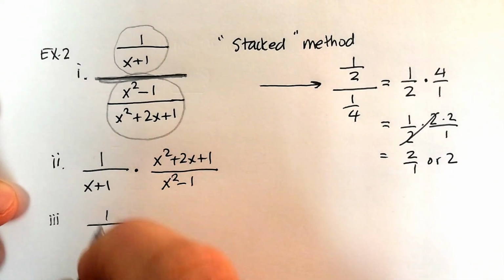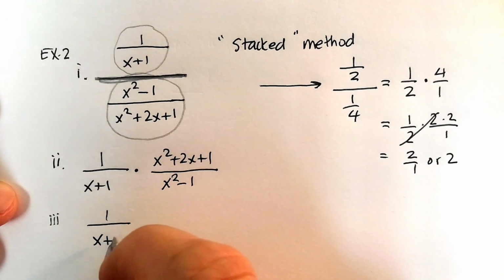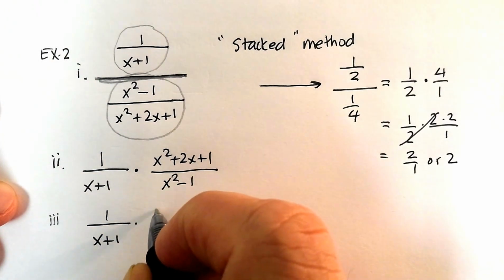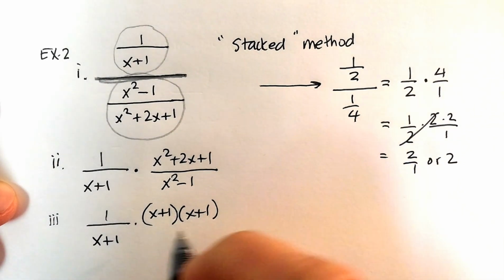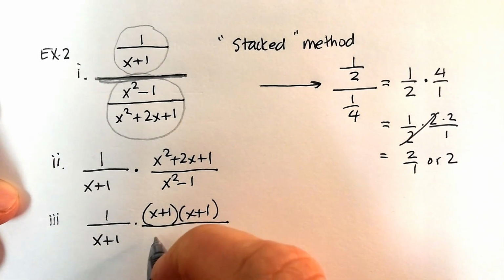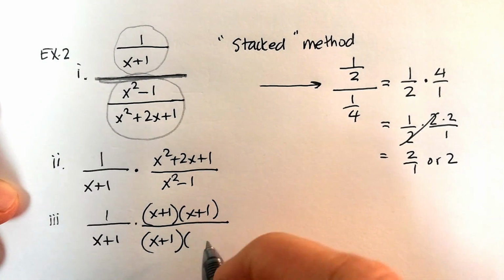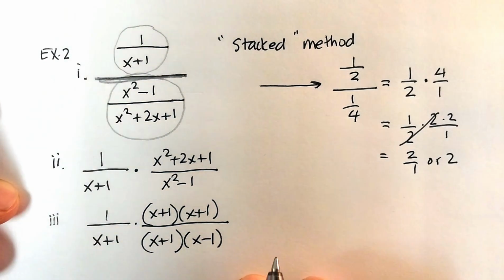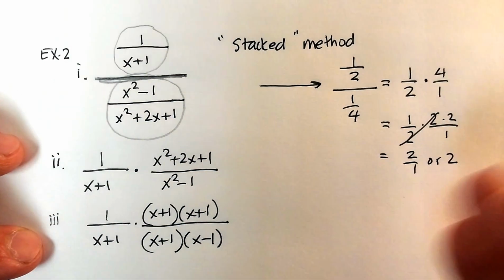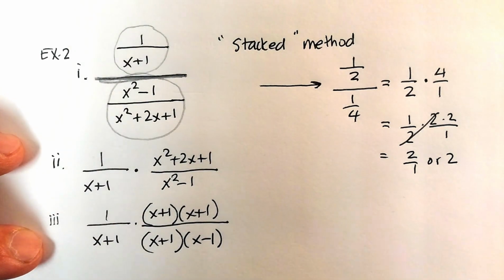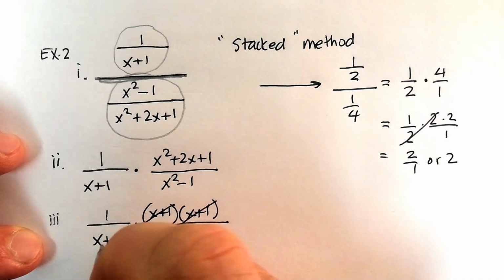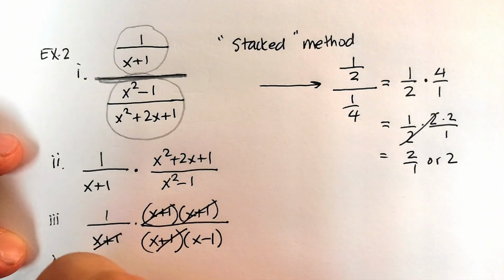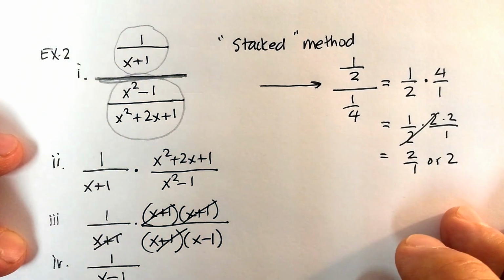That one's already factored. That one's already factored. This one could go to x plus 1 times x plus 1. This one's factored to x plus 1 times x minus 1. And now you start crossing out all the common factors that equal 1. So there's one there. There's one there, and your final answer is 1 divided by x minus 1.